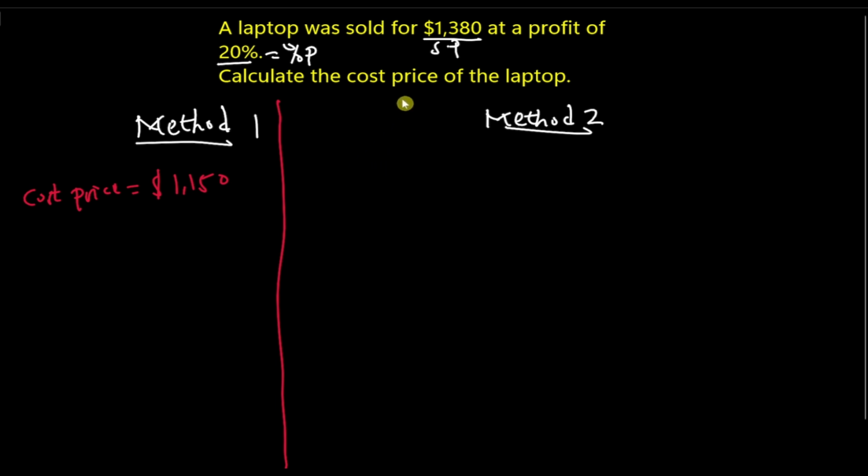The cost price, which we are looking for, we can denote by x, and the cost price percentage is always 100%.